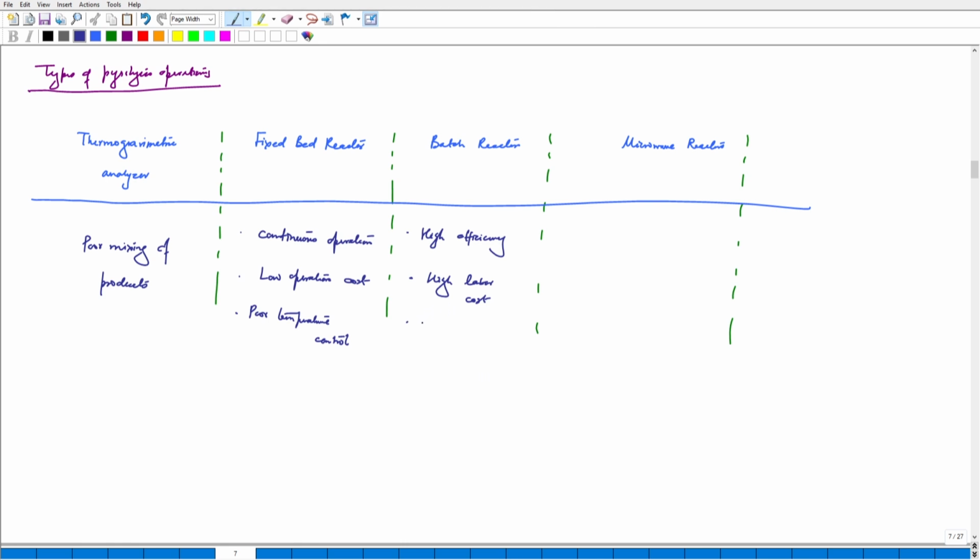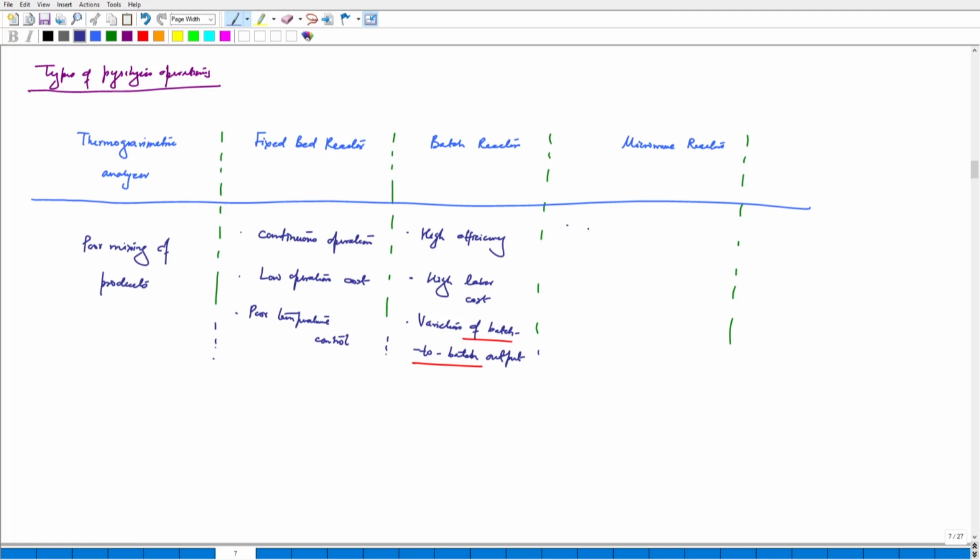Then there is the problem of variation of batch to batch output. This is very crucial because we do not know what we are charging, and it becomes very difficult to really be very sure about what is the overall concentration that we will be getting from a single batch to the next batch. This is a very big challenge.